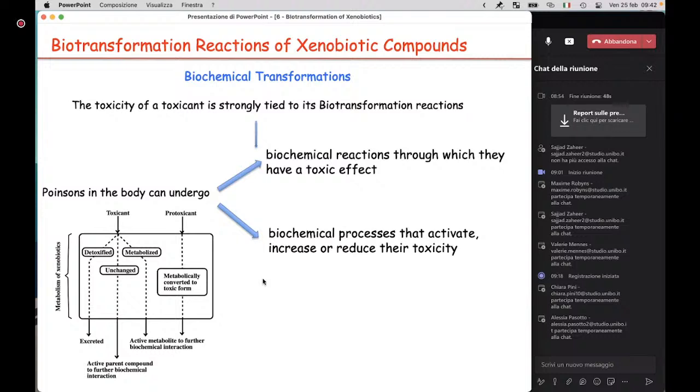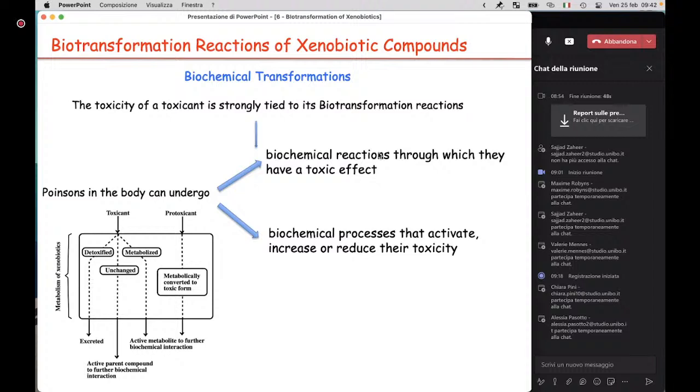Usually we have a series of biochemical reactions, and in the body we can differentiate between two main kinds of reactions. The first kind is the so-called toxicity mechanisms.